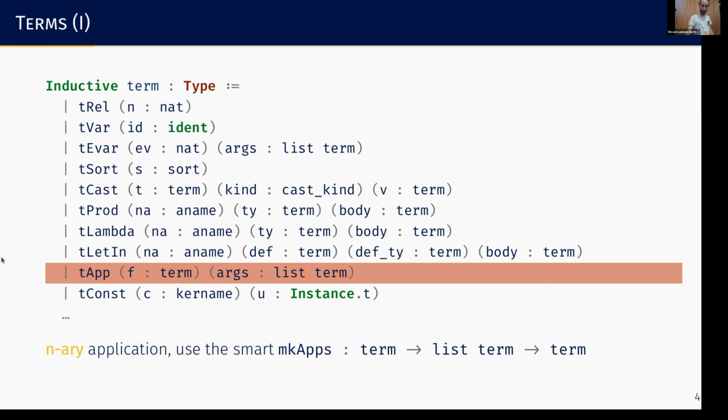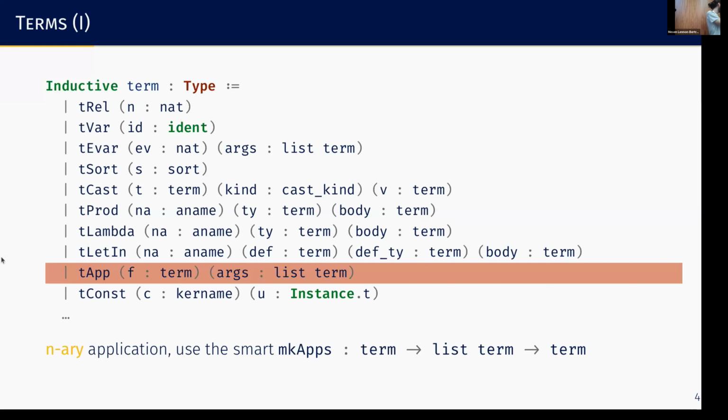And application nodes. What's maybe a bit special here is that applications are directly n-ary. In all of what we do, we always ensure that we have at most one of these application nodes with a list of all its arguments. So we maintain as an invariant that you can never have two nested tApp nodes, but that you always have all the arguments there.